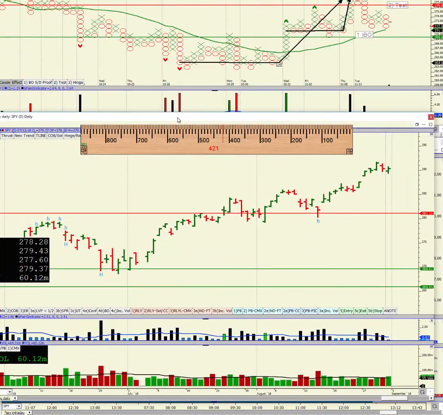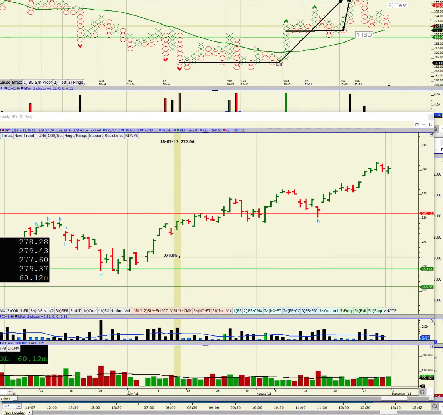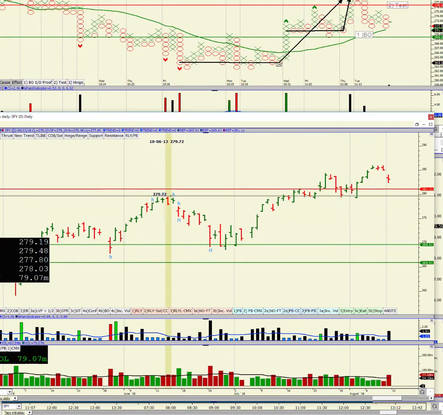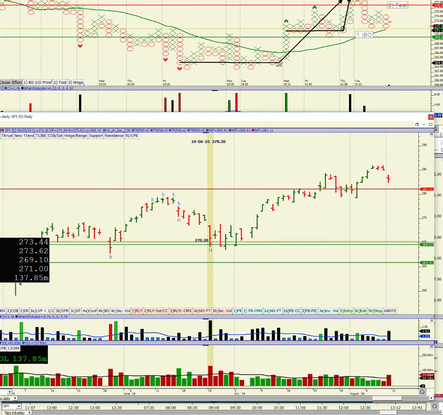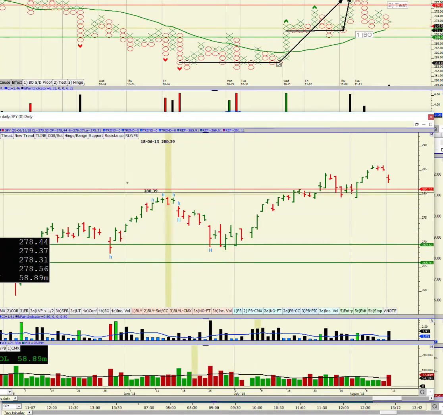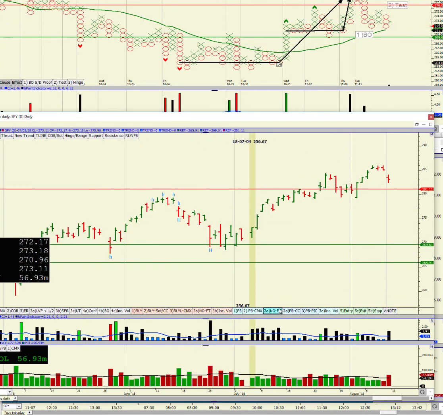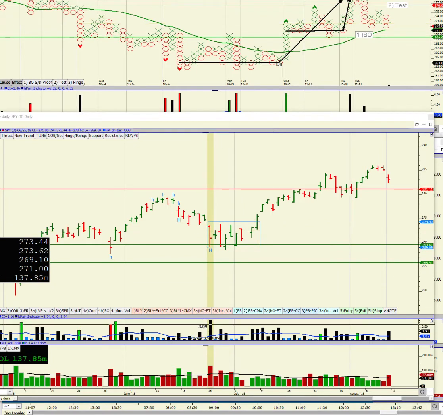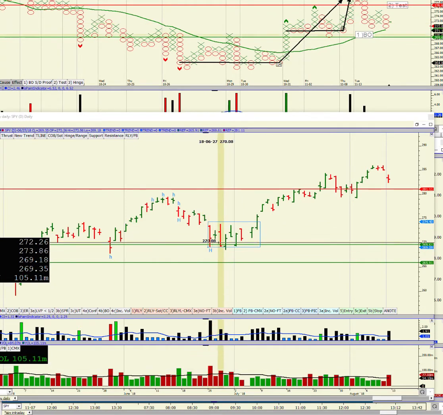Here's an example of a springboard, and you'll see this market rallied, came down, climax, started moving sideways, tightened. This is an example of a springboard where basically you see the large volume here.